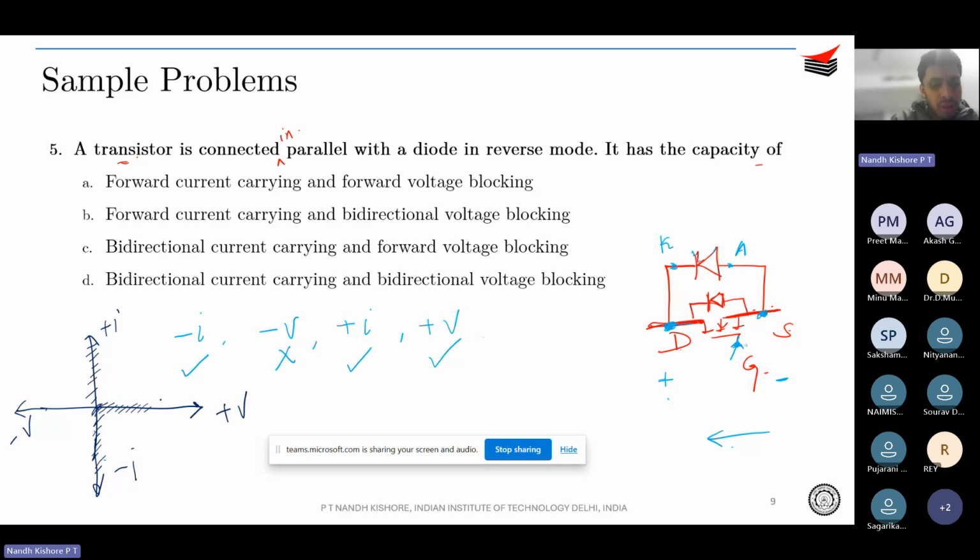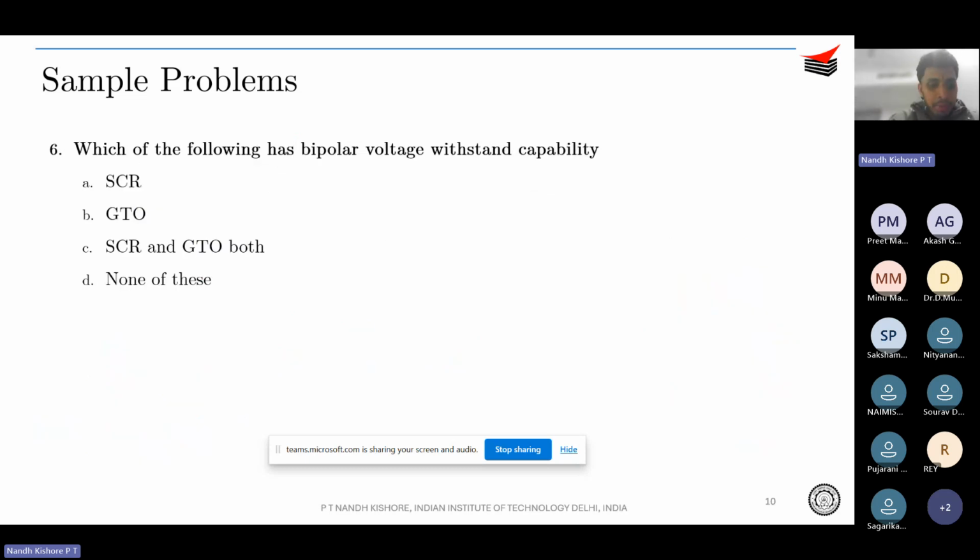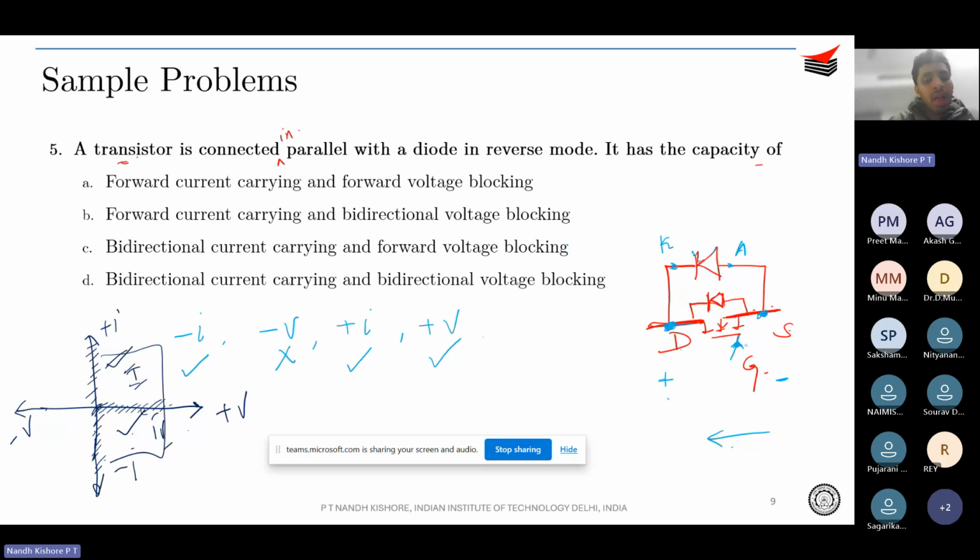So in quadrant 1 and quadrant 4, the device can operate. You can have operating points in this region. And of course, negative voltage is not possible. So coming back to the question, it has the capacity of bidirectional current conduction and unidirectional voltage blocking, right? So bidirectional current carrying capacity and forward voltage blocking capacity.